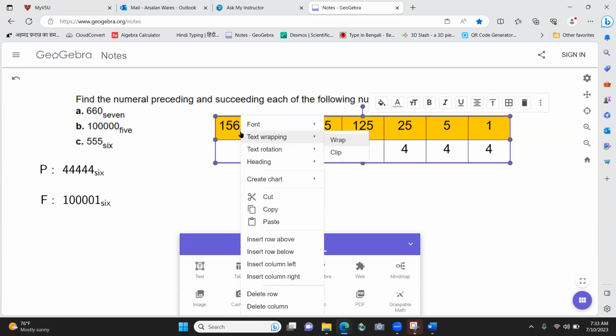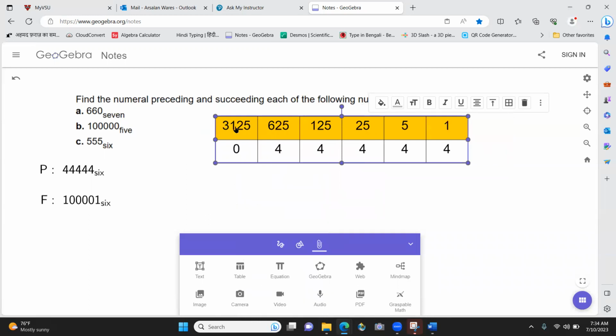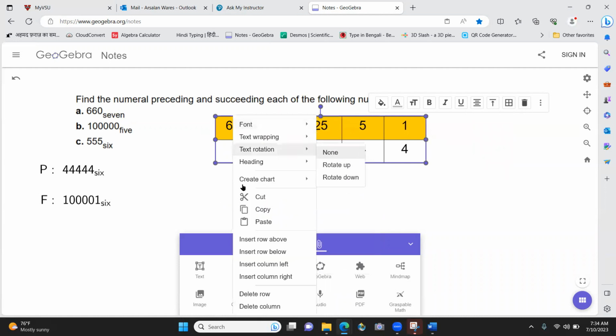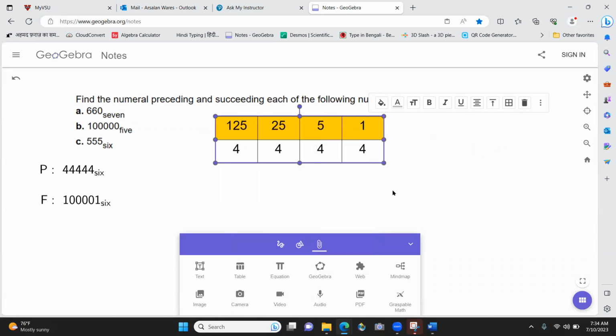Give me 1 second. I'm having a little difficulty. Delete column. All right. Now this is 5, 5, 5. This is in base 6. 5 is acceptable. Okay, so sorry.